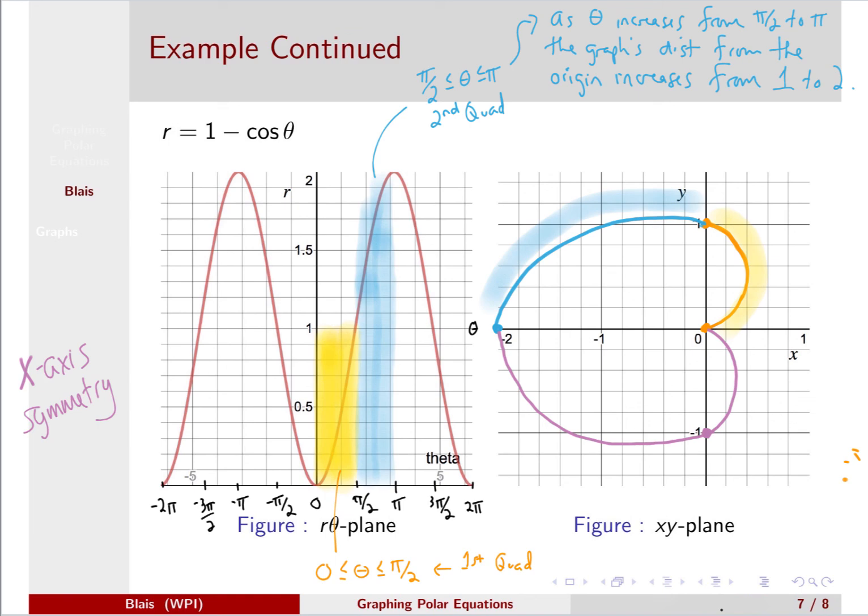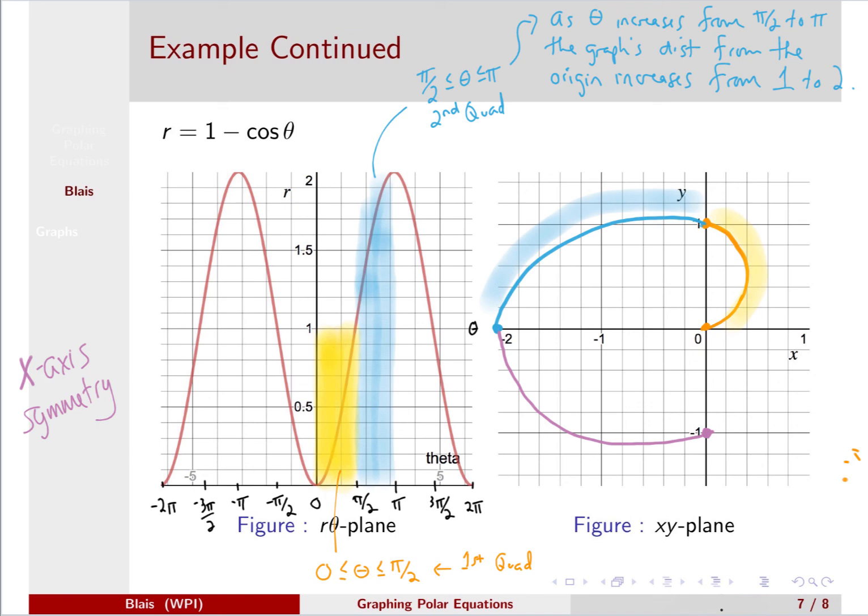Then we could have said, sweeping out theta from 3 pi over 2 to 2 pi, that's the fourth quadrant, and r would fall from 1 down to 0. And we still would have gotten the same graph. But we are able to save ourselves the work by exploiting this x-axis symmetry.